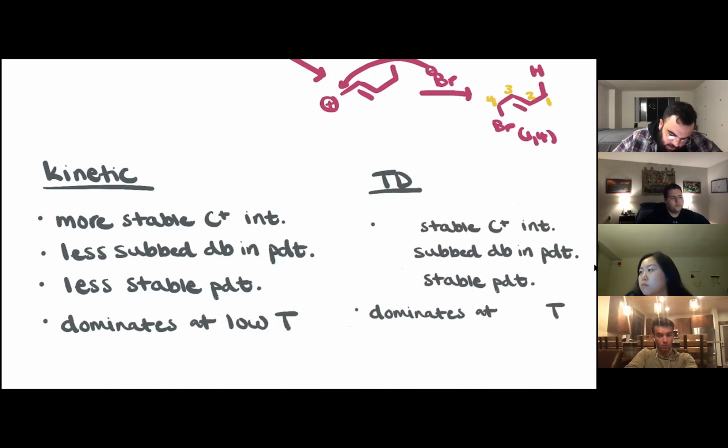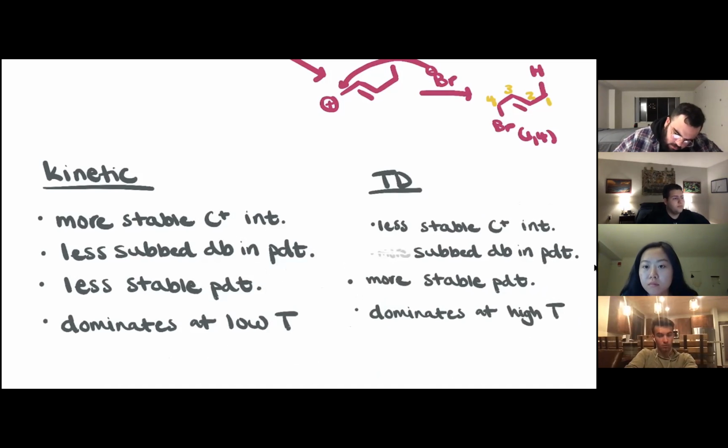Where your thermodynamic has your less stable carbocation intermediate, your more substituted double bond in your product. And then product stability, remember we're talking about the stability of our products, not our intermediate. It's going to be our more stable product overall. And then this dominates at high temperatures.